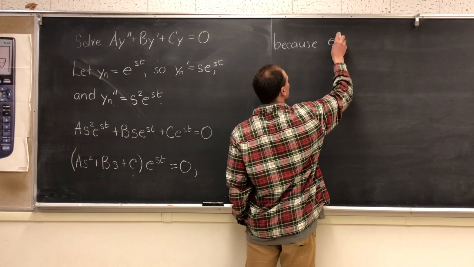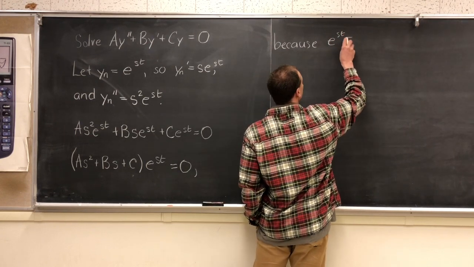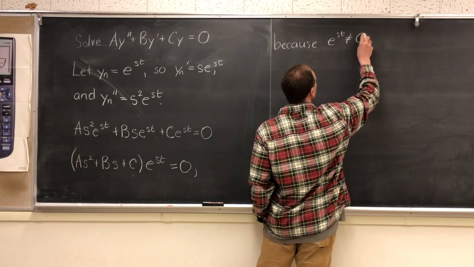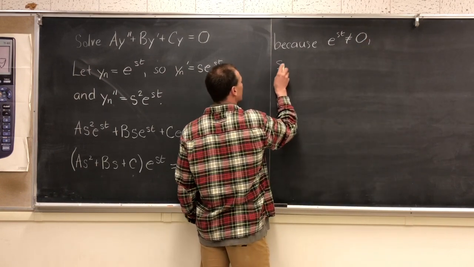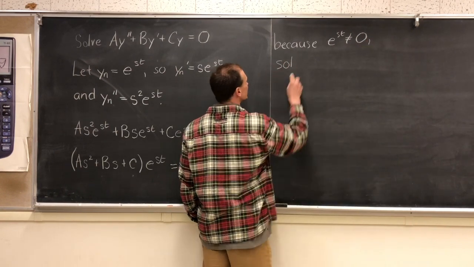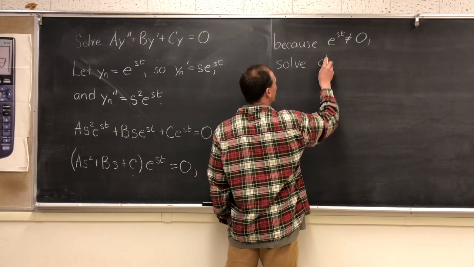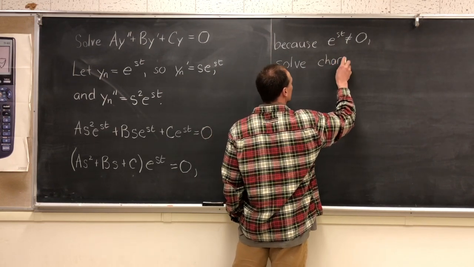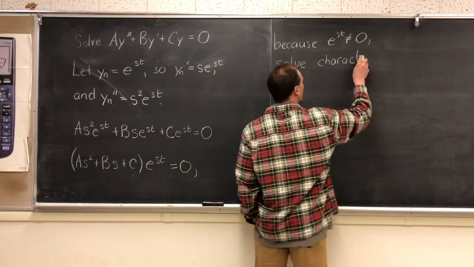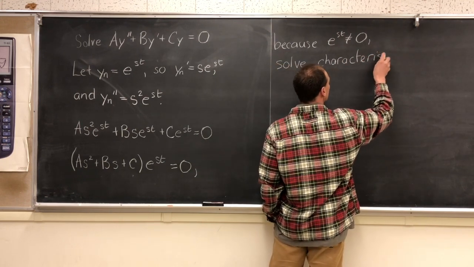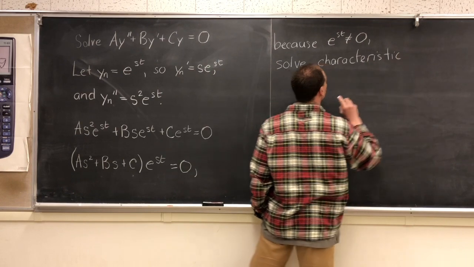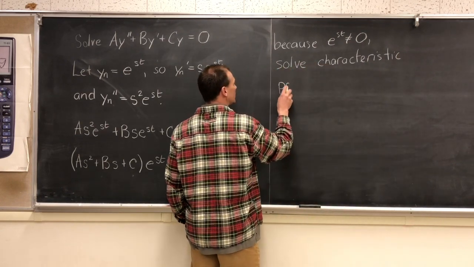And then we said that because e to the st is not 0, we solve the characteristic polynomial.